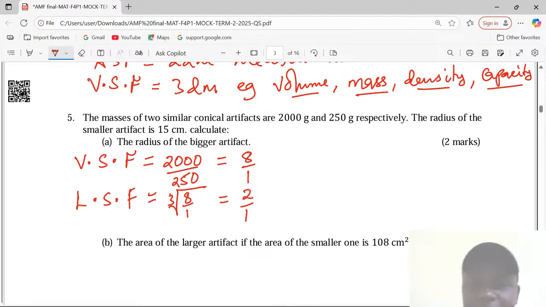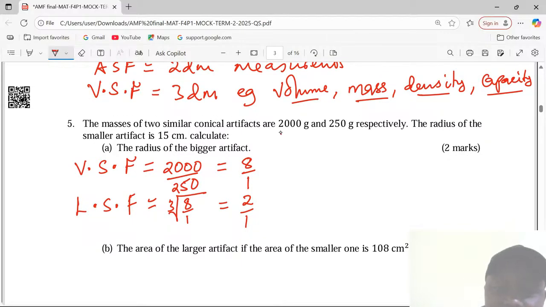If we have the linear scale factor, then now we can relate the radii. Radius is a linear measurement, and so it gives us a linear scale factor. Now, the radius of the smaller is 15. So for the bigger, it should be 15 multiplied by 2 out of 1.